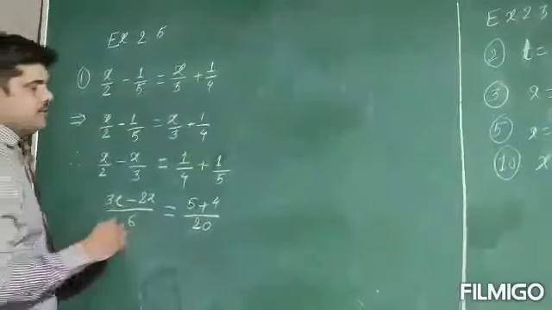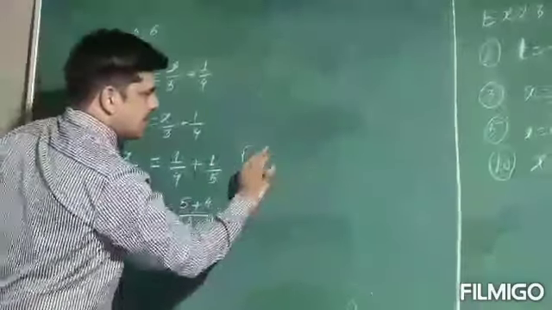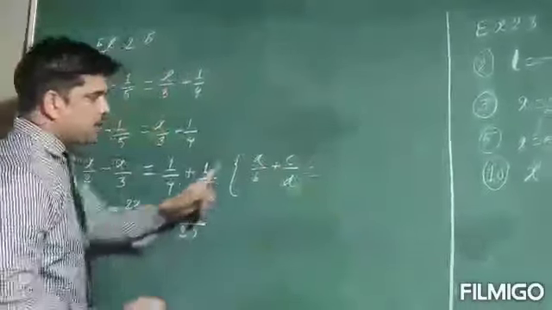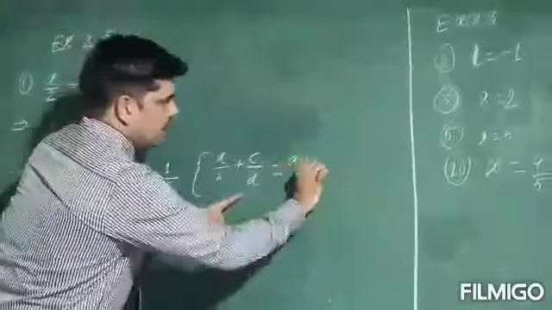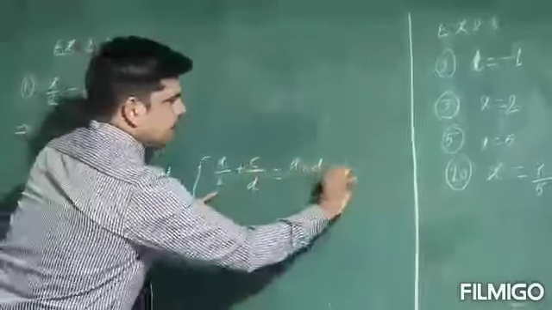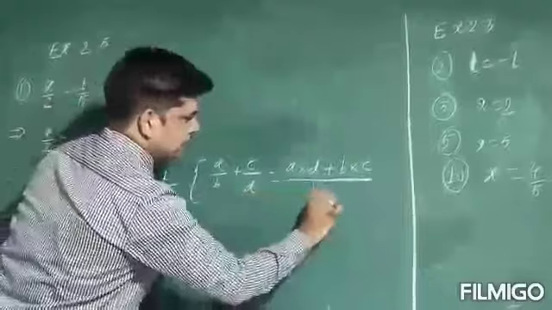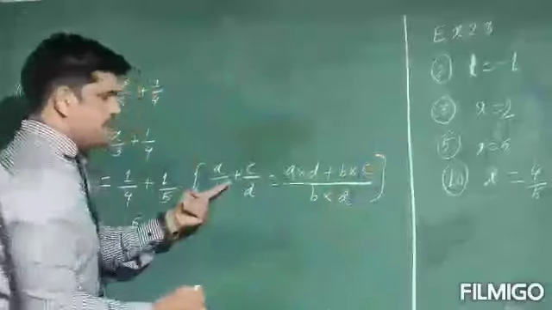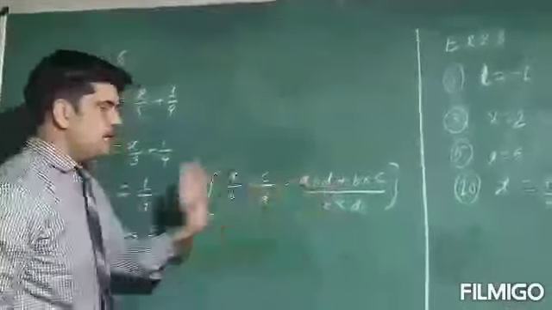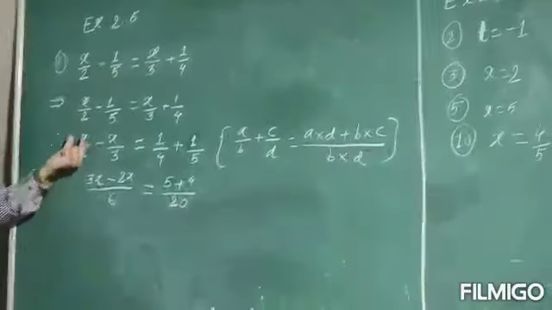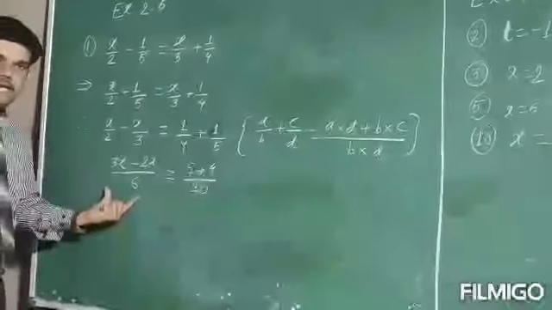Okay, I hope you are clear with this. So what we use here is a upon b plus c upon d is equal to a into d plus b into c upon b into d. If it is minus here, the minus sign will be here. So this is the formula, you can keep it in your mind, or when we have this, we can multiply like this and calculate.